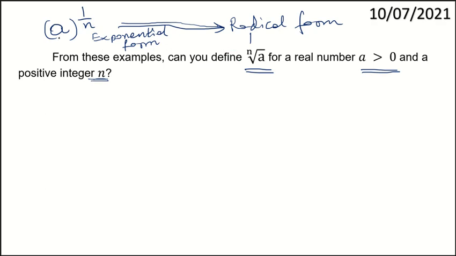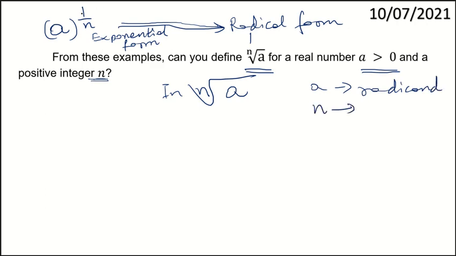In exponential form, a is called base, 1 by n is called power. 1 by n put together completely, 1 by n is power. Whereas in this nth root a, a is called radicand, and n, only n, watch it, here 1 by n is power, here only n, which is a positive integer. n is called index.